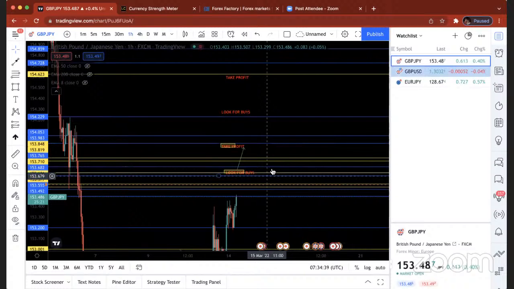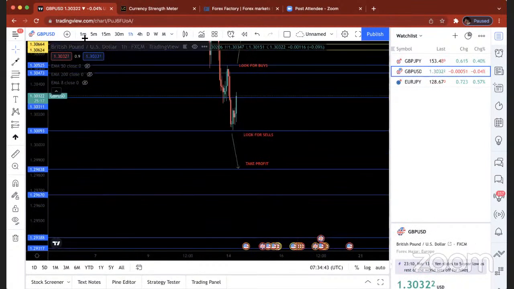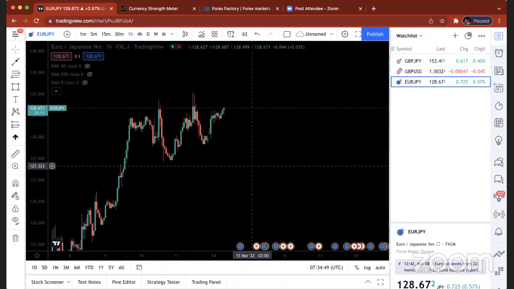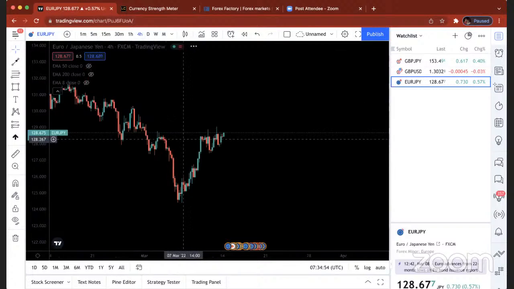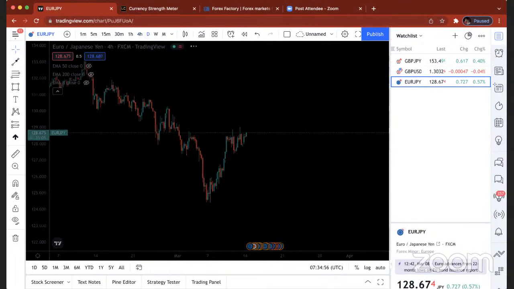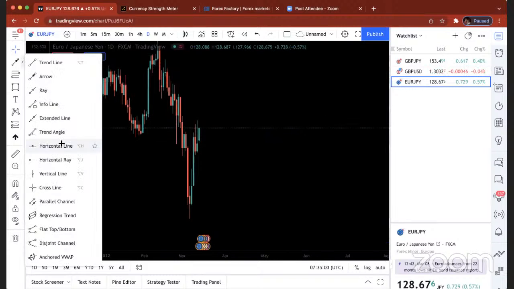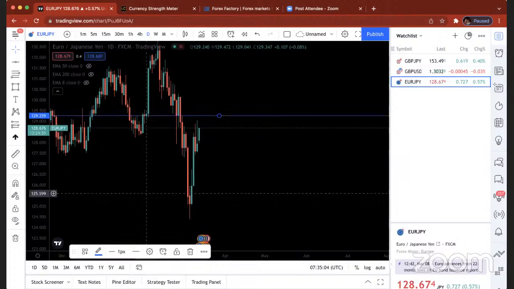And I need to look at GU real quick because it could be going up. All right, what I'm going to do here, I'm also going to jump into EJ. EJ is not a huge pair of mine. I'm going to post my charts on TradingView and in the group first, so I'm not even going to mark it.